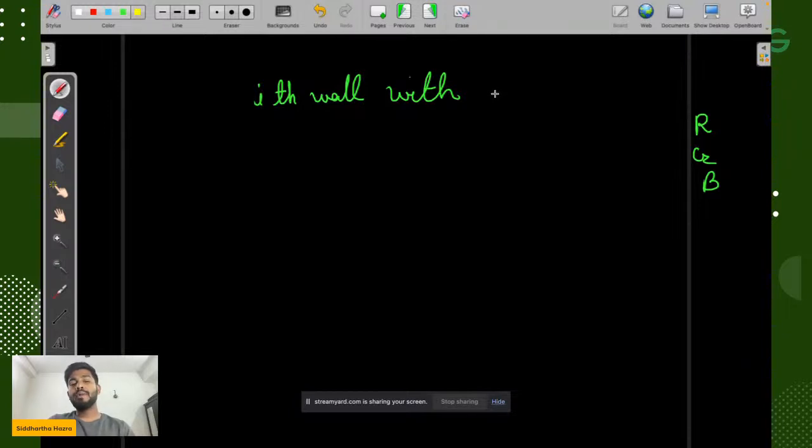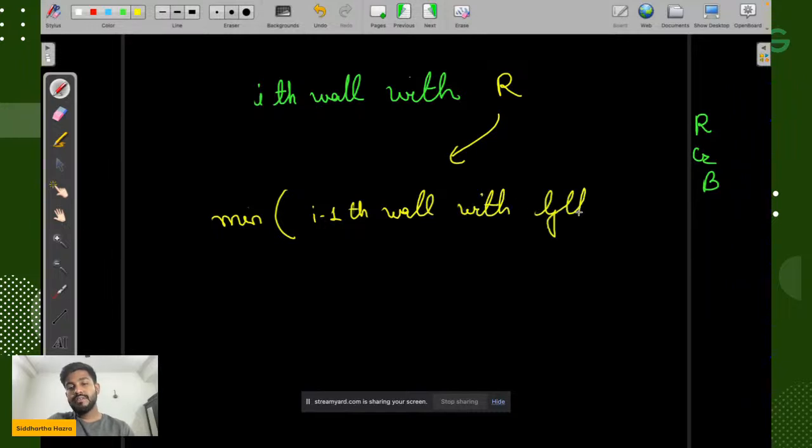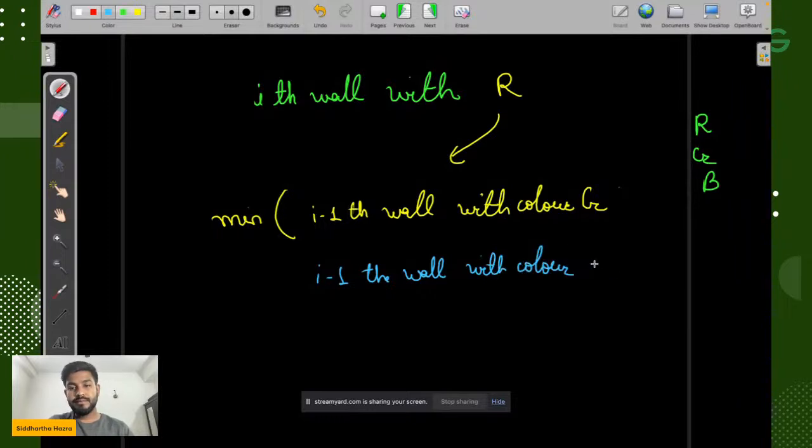If I want to paint the ith wall with red, then I need to take the minimum of the previous, the (i minus 1)th wall with color G, and the (i minus 1)th wall with color B. Suppose currently I want to paint the current wall with red color.